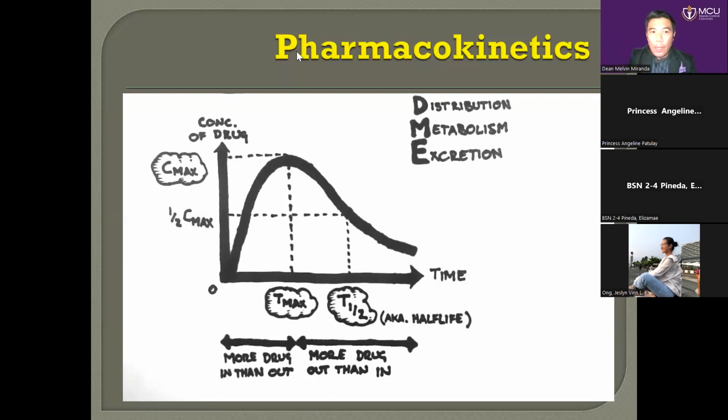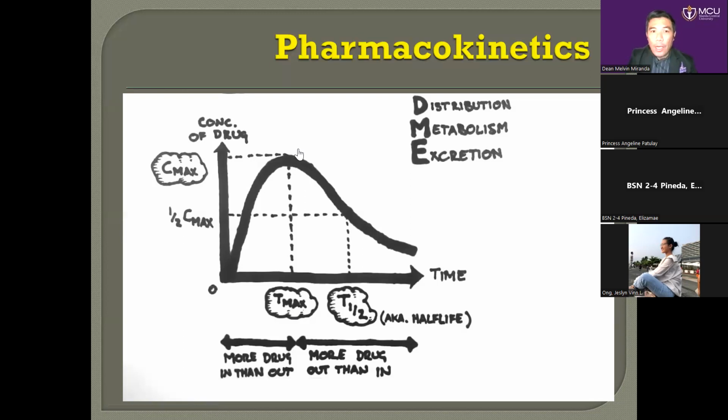That is what we call the maximum concentration level or peak concentration level. Now, if you will notice, when it reaches the peak concentration level, this also concerns the maximum time when the drug already starts its effect.